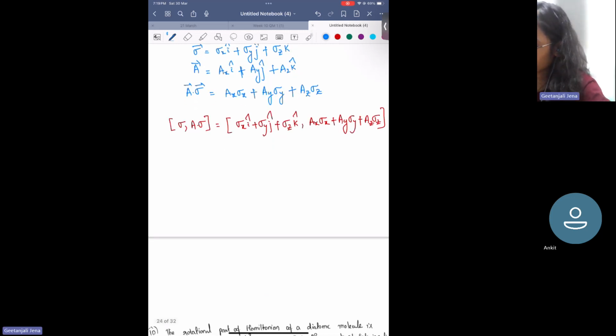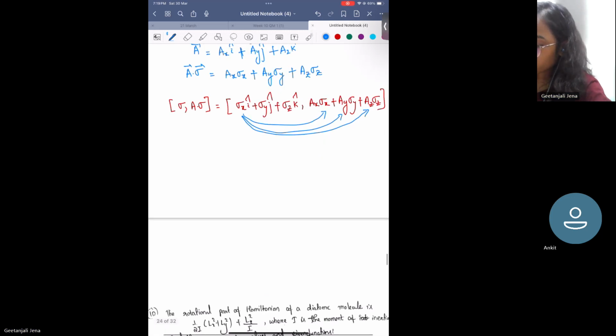Now we have to take the commutation relation term by term. For the first one, we have three terms. For the second one, you also have three terms.